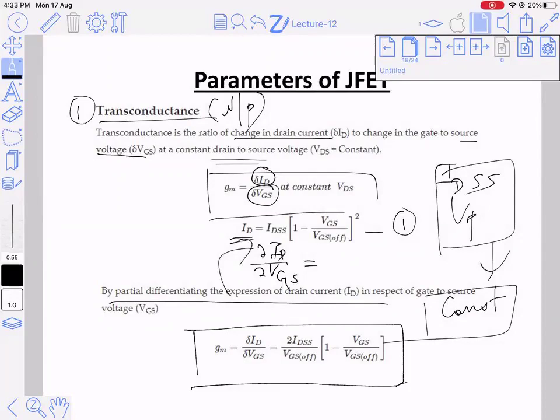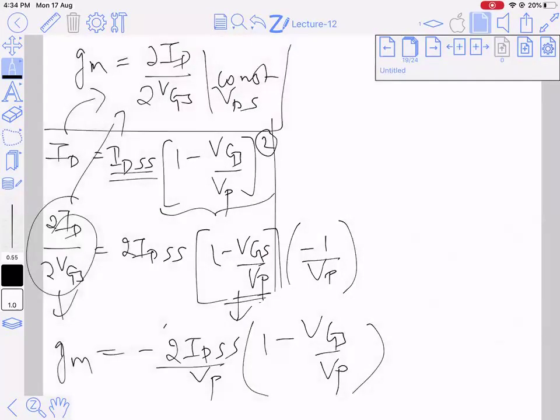We have GM is delta ID by delta VGS, and this is the answer we got: 2 IDSS by VP into 1 minus VGS by VP. So this is the formula. Now I'm taking this as plus because transconductance is positive.